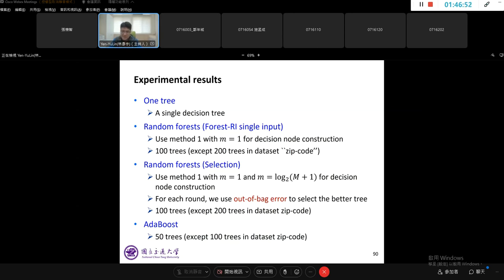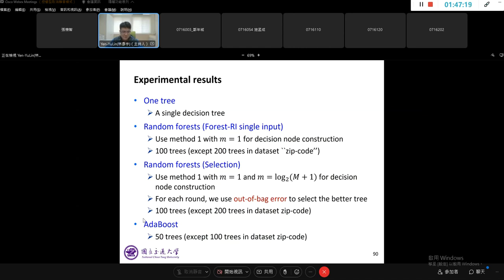In other words, some data points in the original data set do not appear in the bootstrapped data set. So they can serve as the validation data set to determine which value is better for this particular bootstrapped data set. Okay, so this is the code selection.